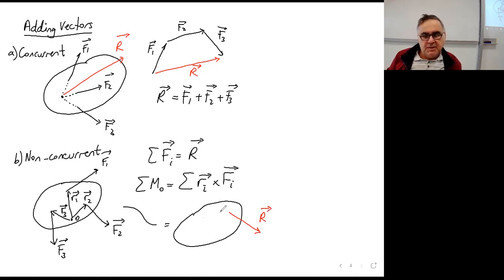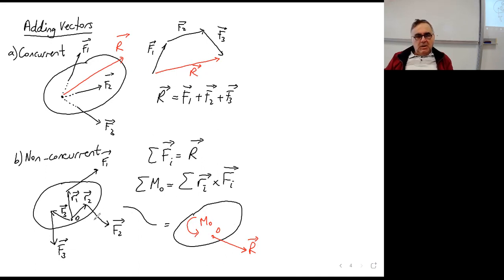But also on top of that, the resultant has to be applied at O, right here. And also, there has to be a moment, MO. So these three forces are equivalent to a resultant force and a couple of MO. It's a couple, not a moment. The correct term is a couple.